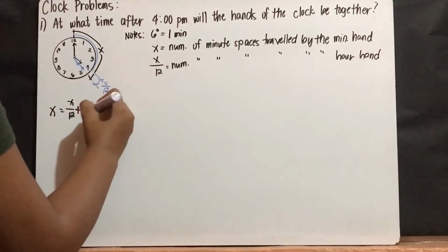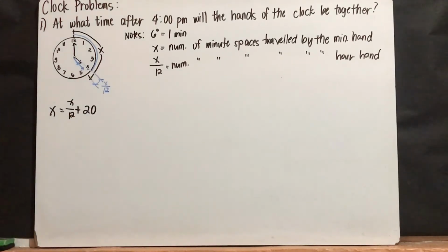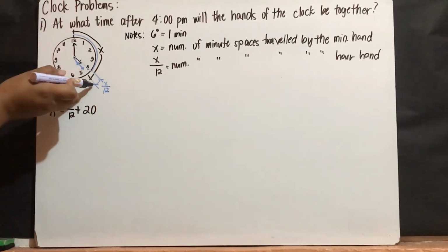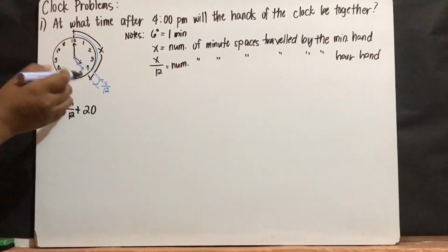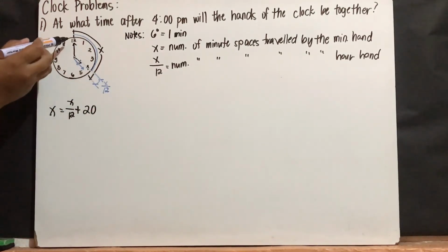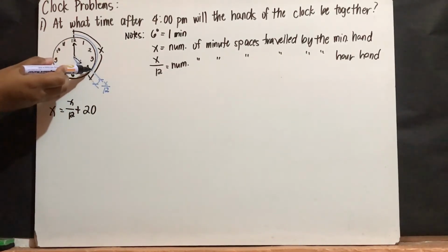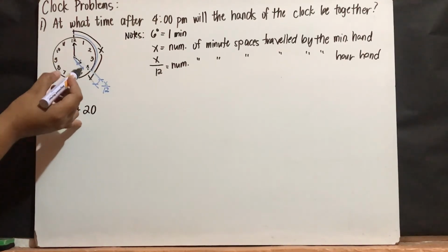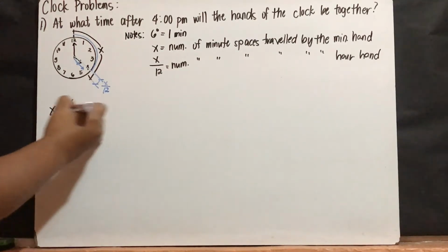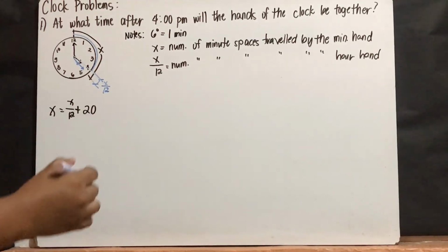So, yun yung i-add mo dito sa x over 12, so you could solve for x. Tama, kasi x to, from here into this unknown position, that is equal to x. So, in solving for x, you need to add x over 12 plus yung minute na na-travel ng minute hand natin until 4. Okay? So, simplifying, this is now our working equation.